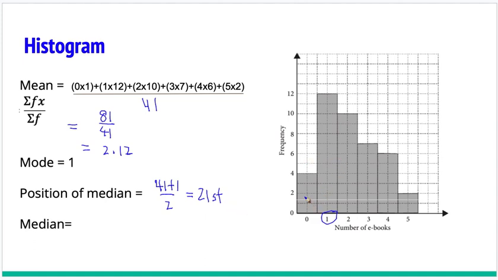And to count, we always count from bottoms up. So we have 4 here, plus 12 is 16, 17, 18, 19, 20, 21. Right, so the 21st score is still a 2. The median is 2.